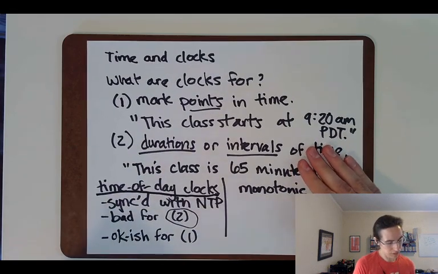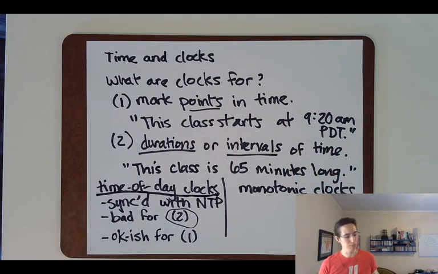Given that they're bad for durations or intervals of time, and only okay for marking points of time, they're not going to be the kinds of clocks that we use much in distributed computing. You can maybe get away with them some of the time for marking points in time, but sooner or later you'll run into problems.